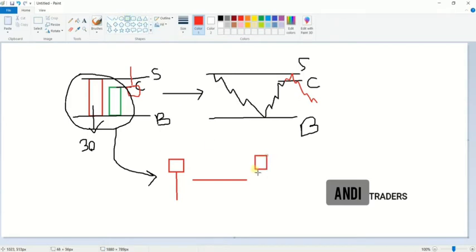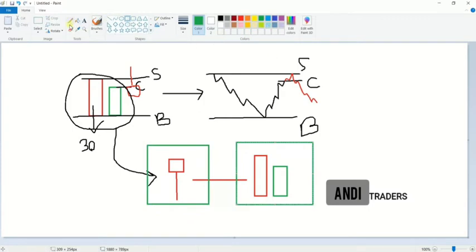This is our bearish candle, and this is our bullish candle. As you can see, these two are the same, this one and this one. This is 1 minute and this is 30-second. So these two candles make this candle at the 1 minute timeframe, right? This candle.